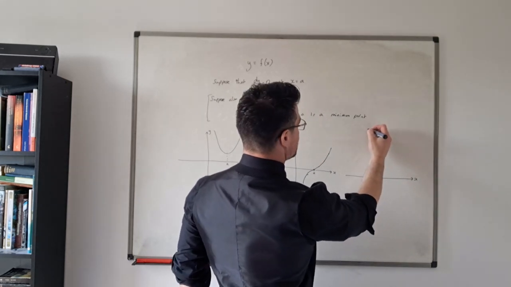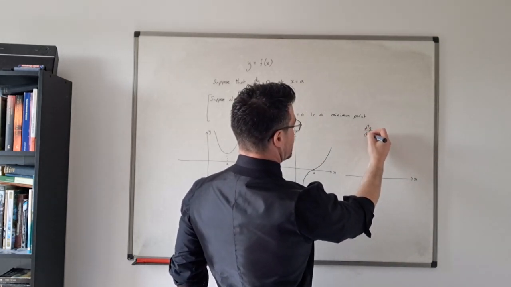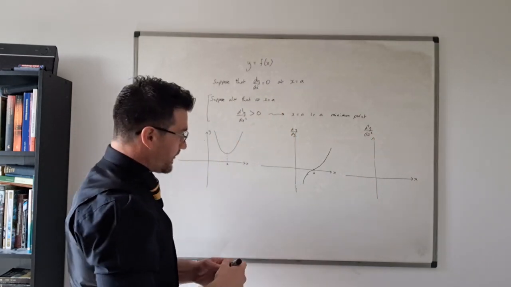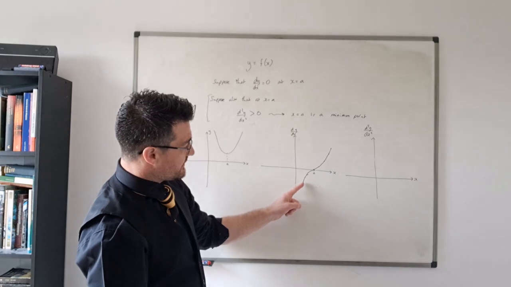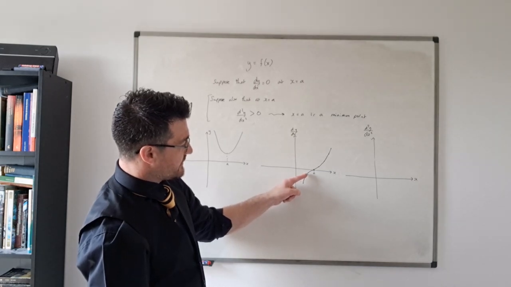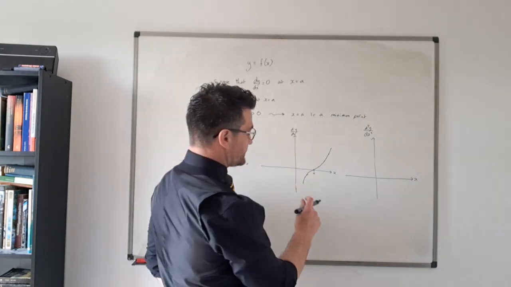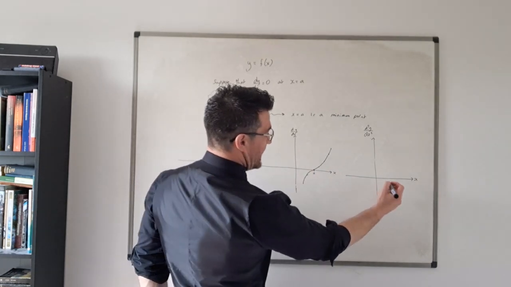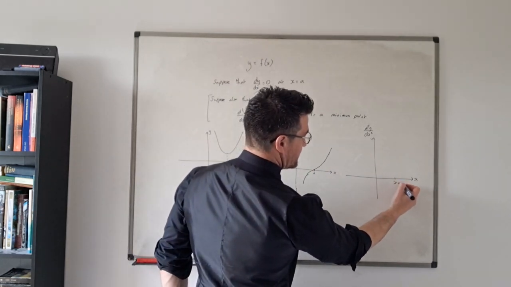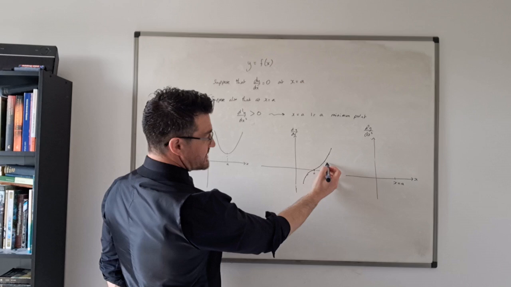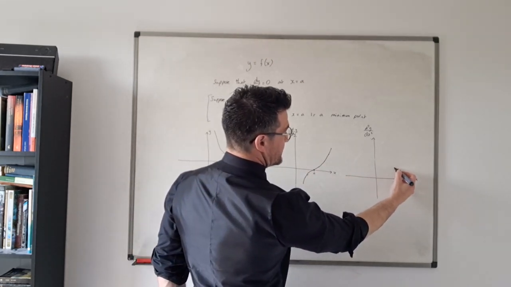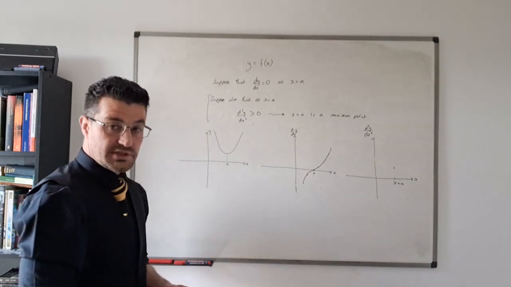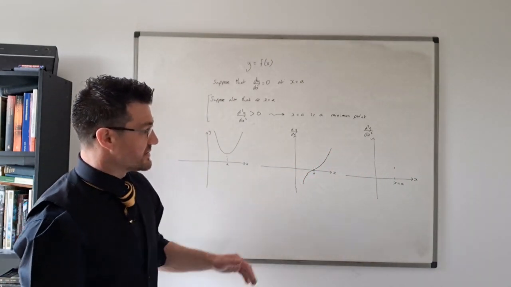We've got d2y/dx squared now. So what does the gradient of this look like? Well, it looks positive. And even at x equals a, the gradient of the tangent line here is still positive, so the point is going to be up here somewhere, depending on how positive the gradient is.